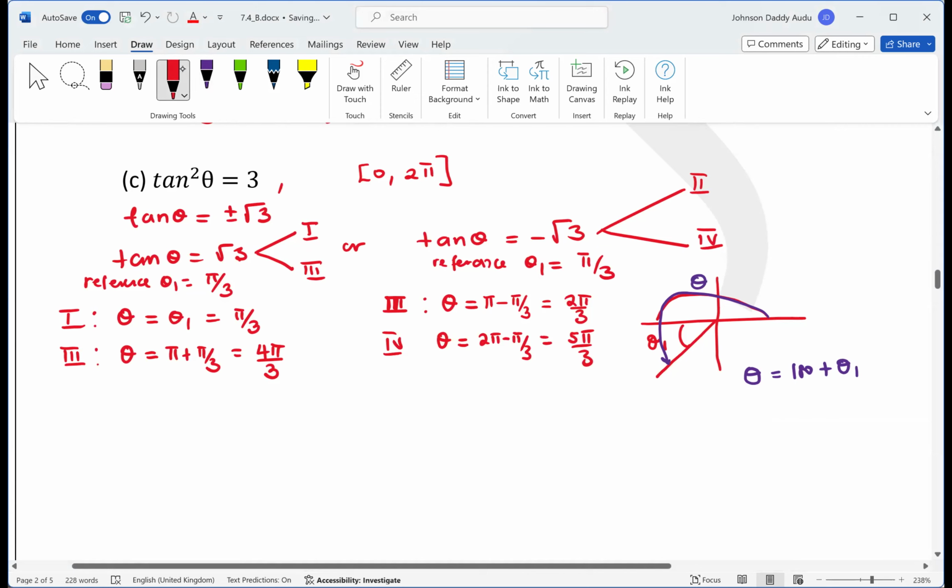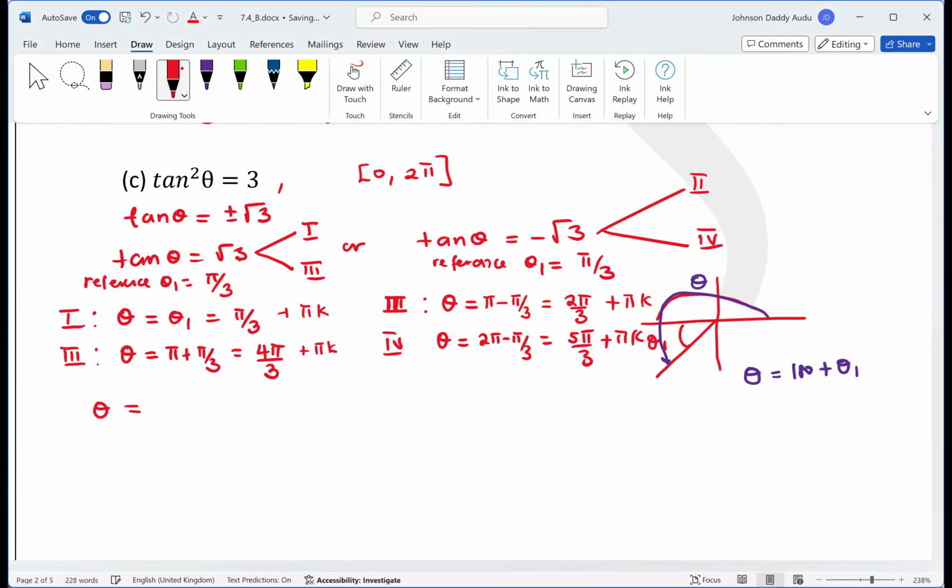We can add k pi or pi k, it is still fine, and that is because of the period. If you look at these, you can actually summarize these 4 solutions. We can write them as 2, because we can write theta equals pi over 3 plus k pi, where k is in Z.